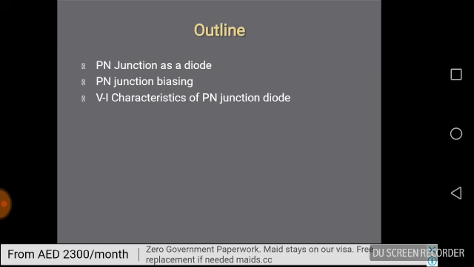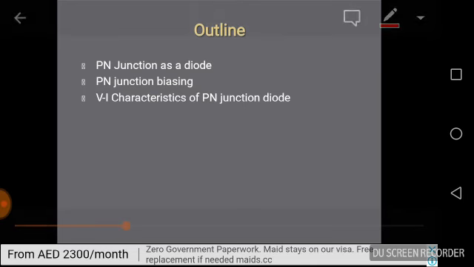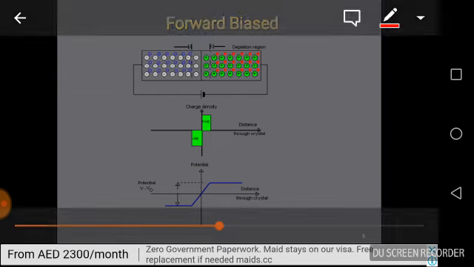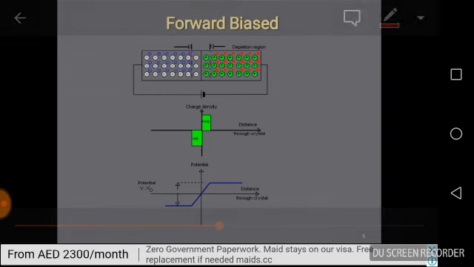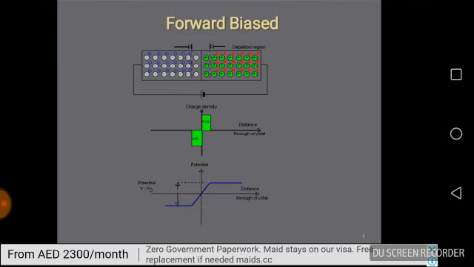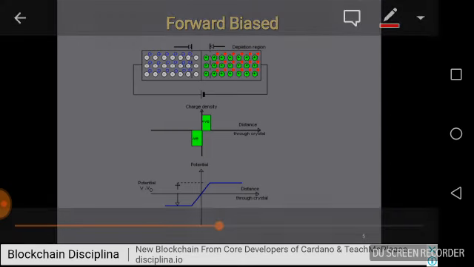Based on which terminal of the battery you are connecting to your device, you can classify biasing into two types: one is the forward bias and another one is the reverse bias.